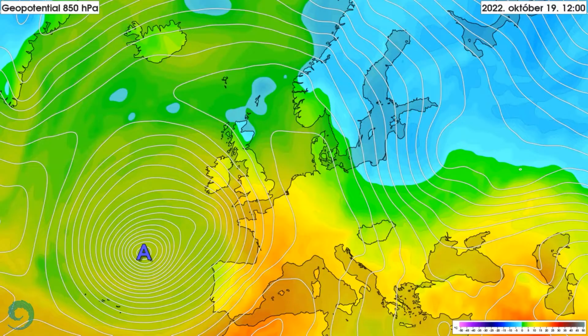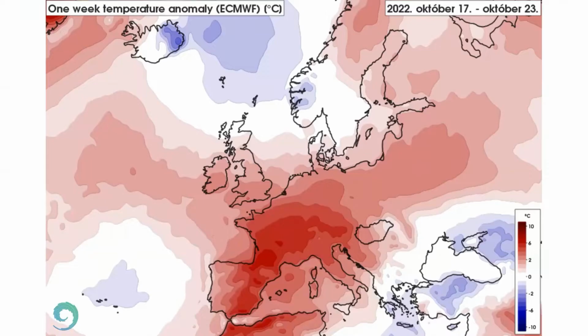And as I mentioned, you can see here the big positive anomaly for temperature. It's a forecasted change. So you can see here it will be warmer than the average.